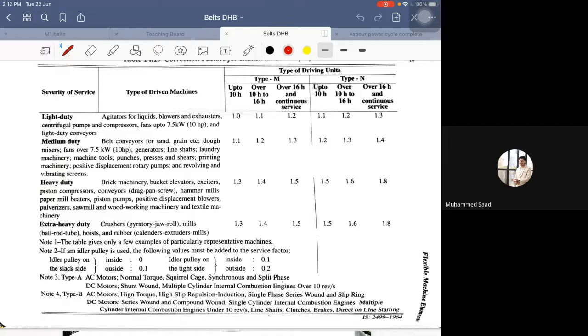Okay. So this is the service factor. Okay. So what is the information which is available in the problem?